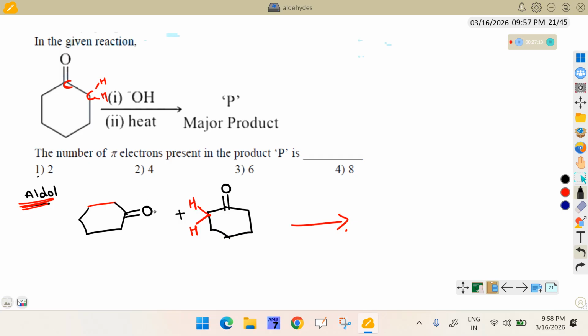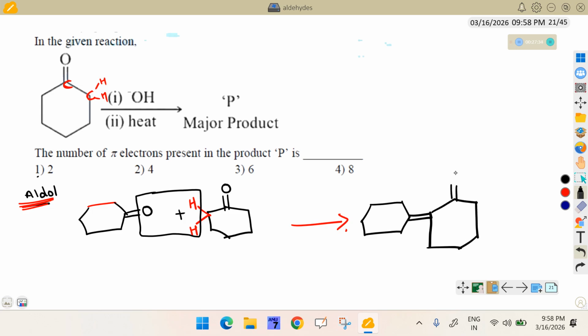From the first compound you can remove oxygen, from the second compound you can remove two alpha hydrogens. New C-C bond is also formed here. Double bond. This is the final compound. Water molecule is removed in the presence of dilute base: two alpha hydrogens from one compound, carbonyl oxygen atom from another compound.